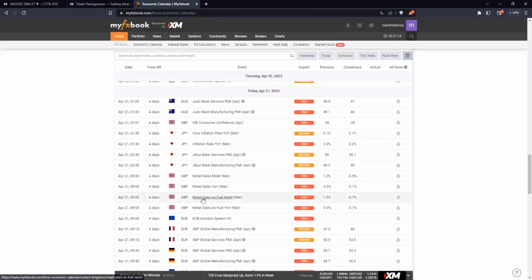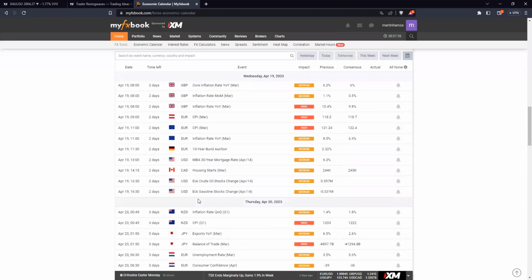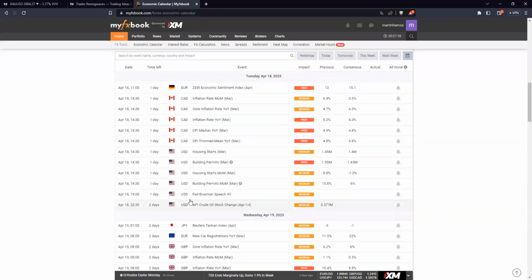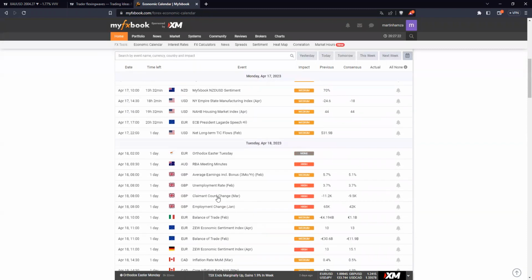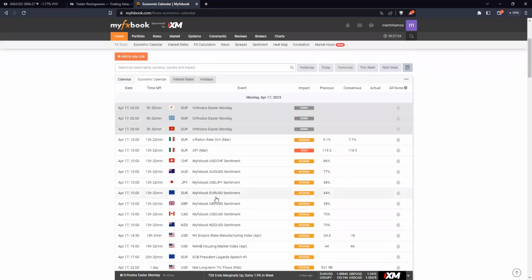Okay, but I think there is not that much news, but there are high volatile, high impact news next week. But even if the scenario plays out, what I expect is not the dollar strength, but the rest of the currency's weakness, which is a big difference.